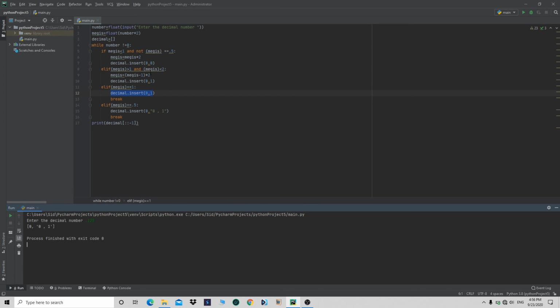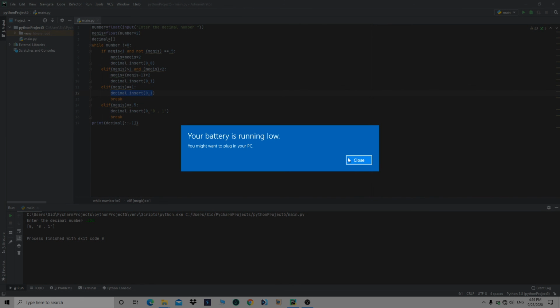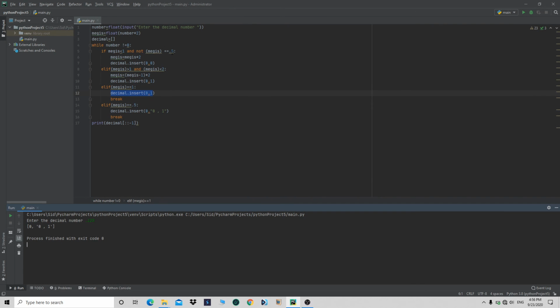And if it's again less than 1, then it's going to repeat. Then if 1.25... okay, battery is running out. I hope at this point you guys can understand this code, and if it's 0.5, then it's going to break over here, and I end with this string.